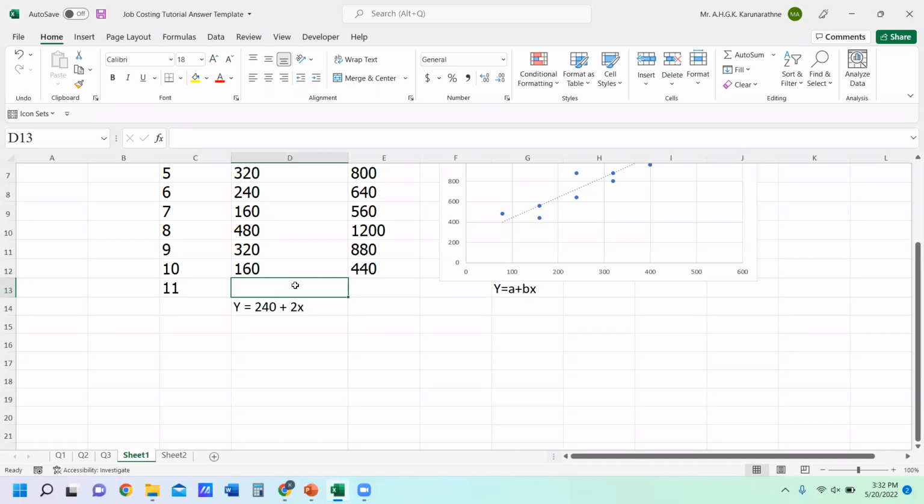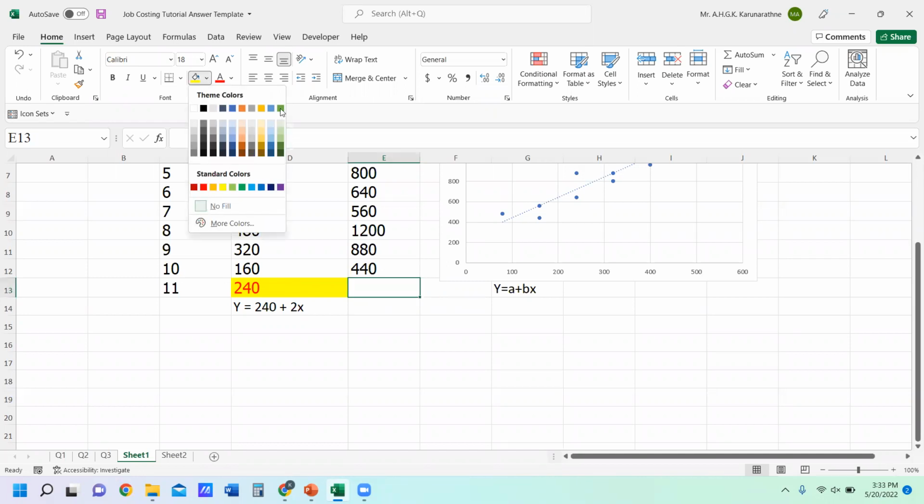And according to our production plan, we are going to operate for, let's say, 240 machine hours, according to the orders that we have already received. Then we want to estimate what could be the maintenance cost for the 11th month. So this is required to be estimated.